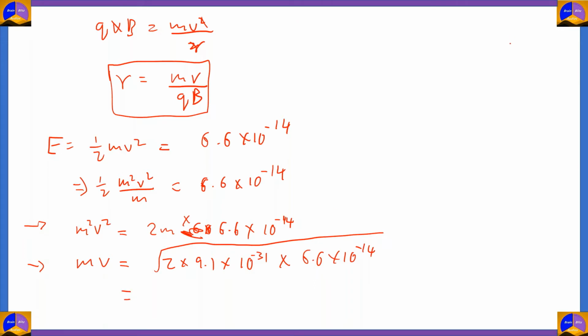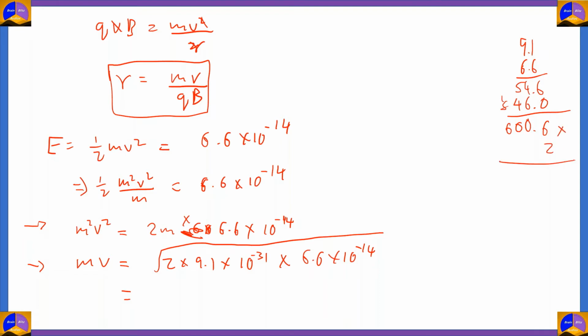So now what do we do? Firstly, we'll multiply 9.1 by 6.6. So 1 times 6 is 6, 9 times 6 is 54, and you'll get 600.6.